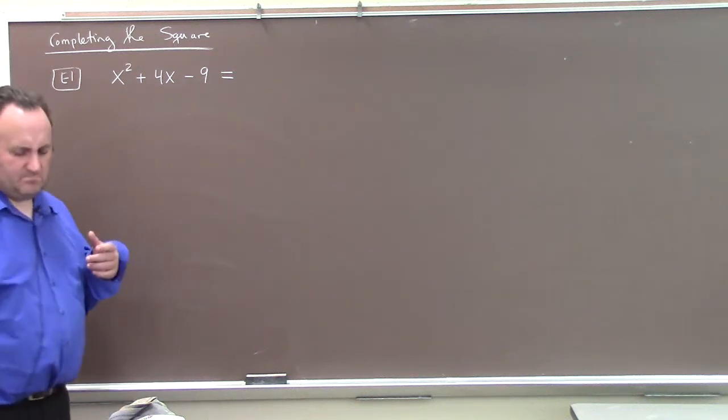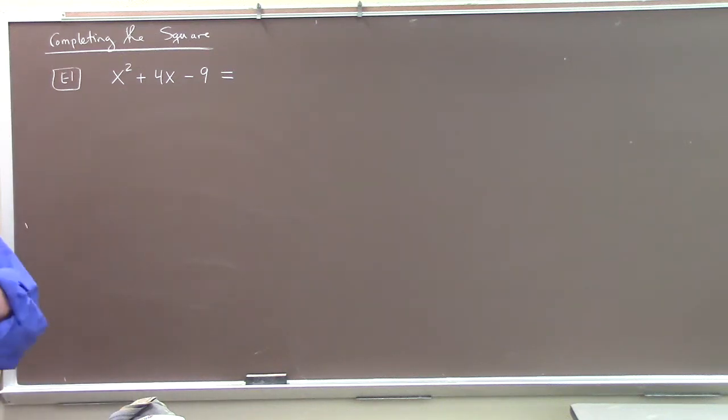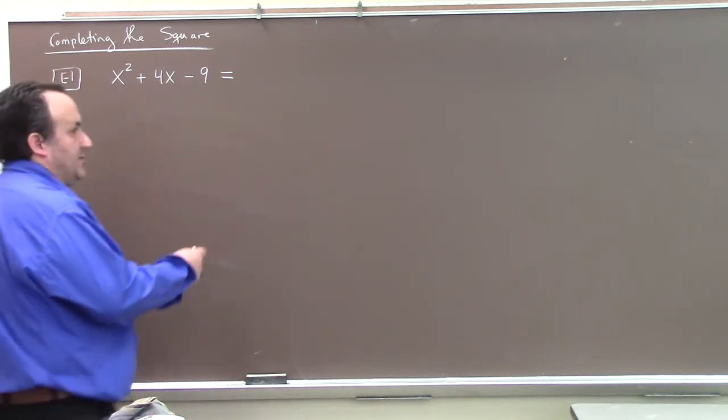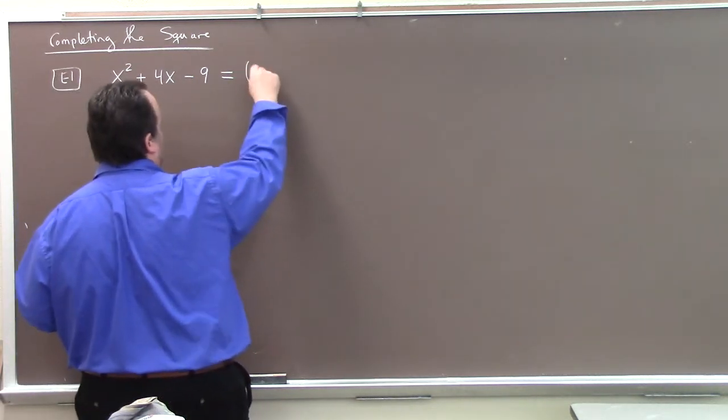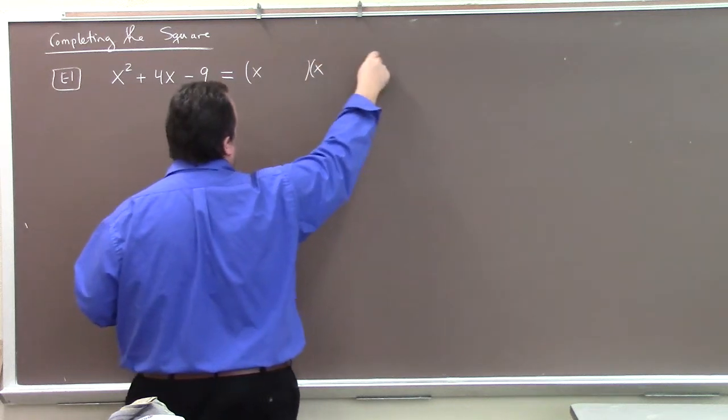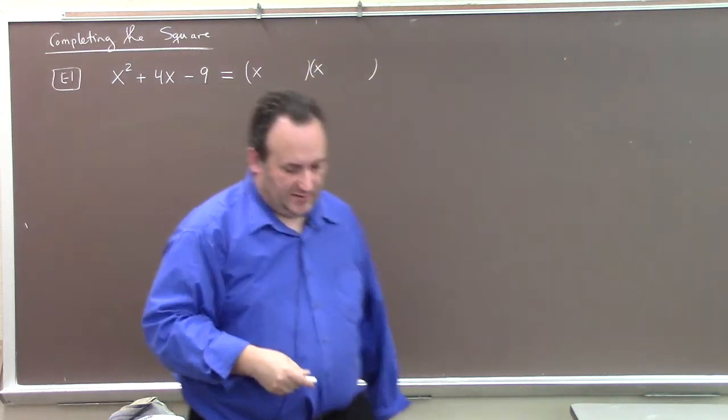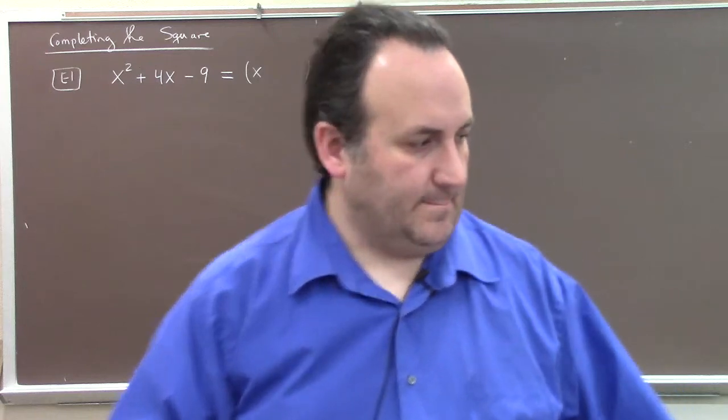So the thing is, if you just tried the guess and check method, would it work here? What do you guys think, can you do it? So if we just put down like this, can you factor that? What do you think?